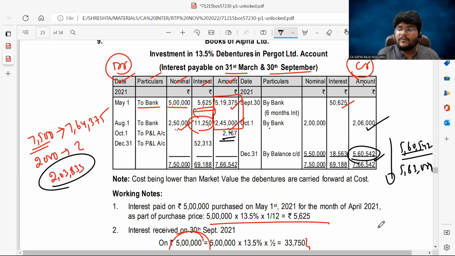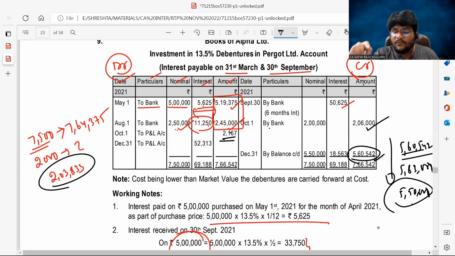For example, let us assume the market price is 100 rupees. Then 5,500 into 100 will become 5,50,000. I'm just giving different scenarios, guys, for better understanding. If the market price is 100, then cost or market price, whichever is lower means at market price only.